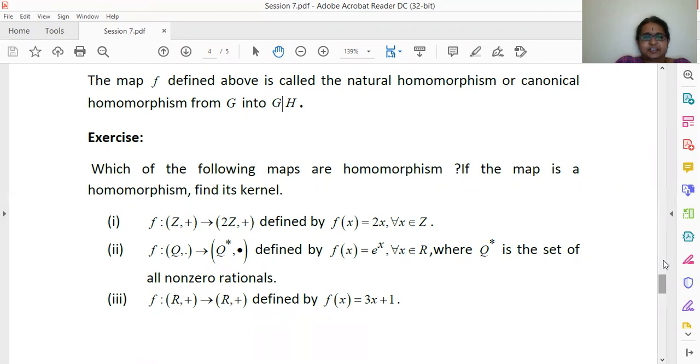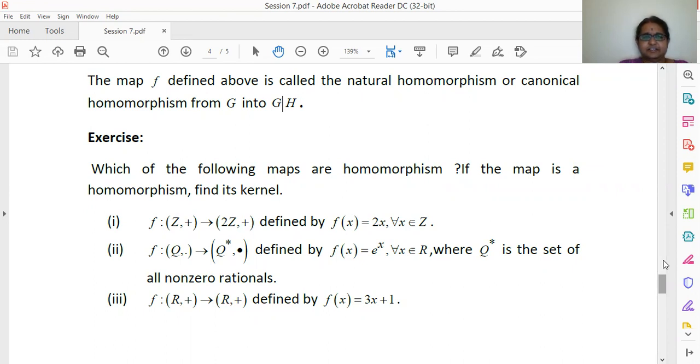From the definition, kernel f is the set of all x which belongs to the domain, that is Z, such that f of x is equal to the identity of the codomain. Here, the codomain has the binary operation addition, so the identity element is 0, so f of x is equal to 0.